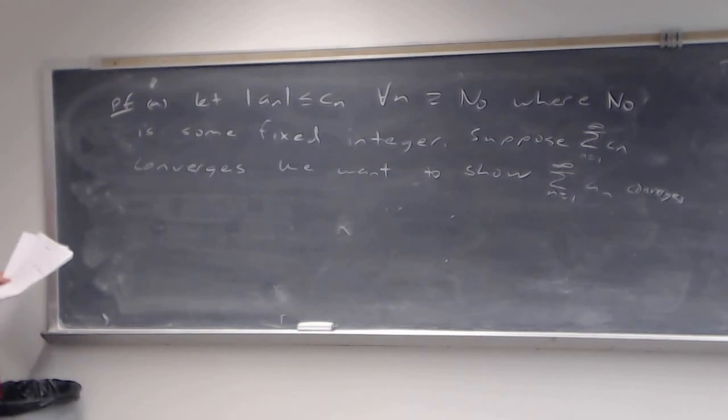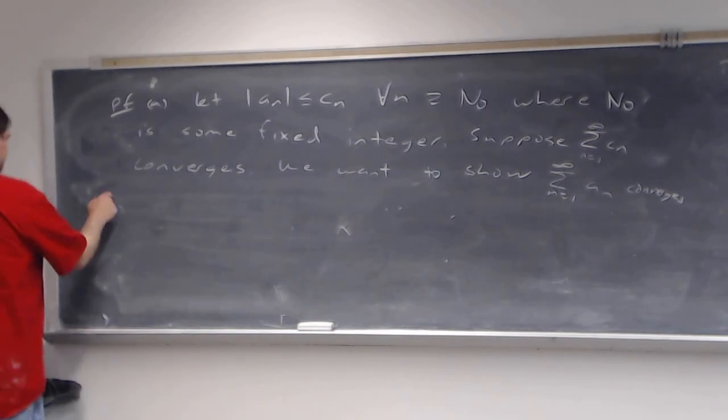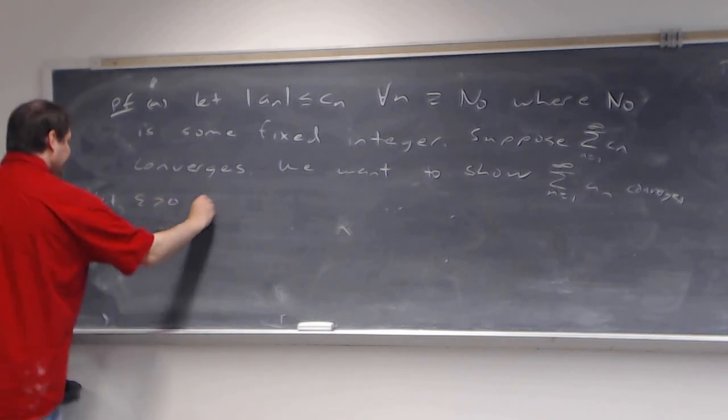Okay, what we're going to do is use the Cauchy criterion for convergent series. So here's what I'll say. We'll let epsilon greater than 0 be given.